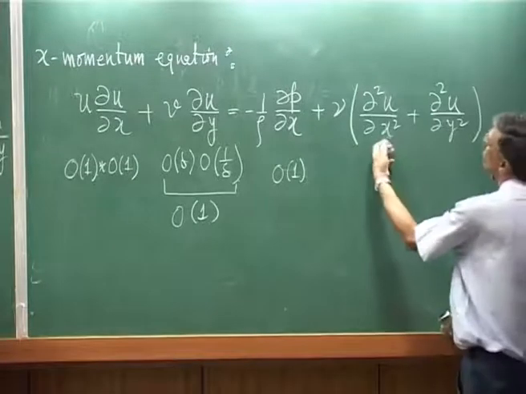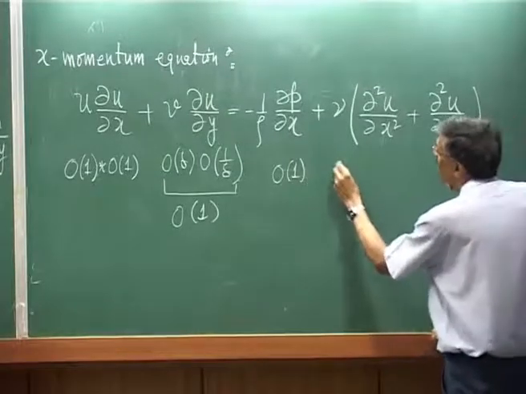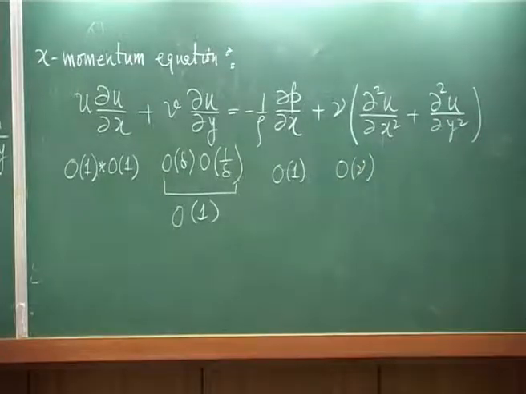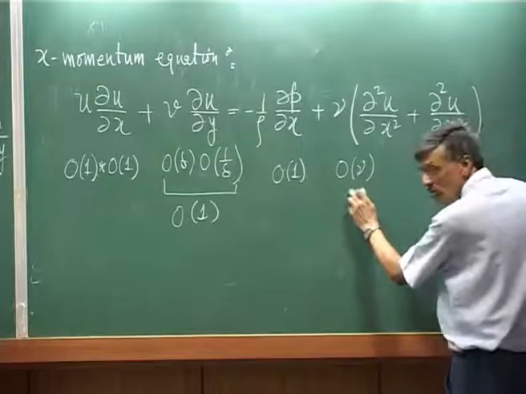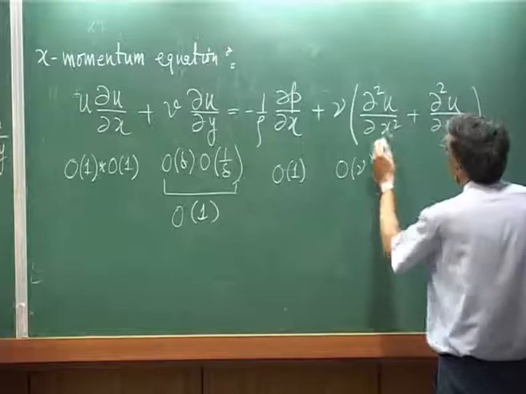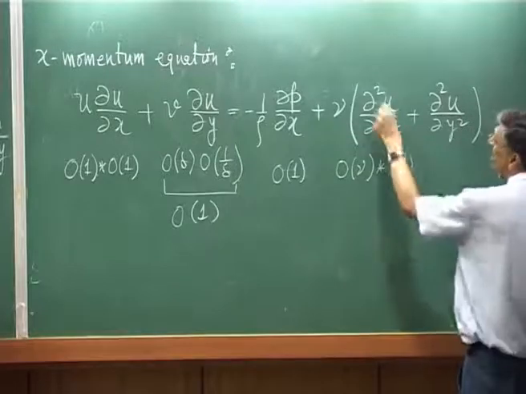Now, when I look at this, what do I get here? I get this quantity. What is this? This is the kinematic viscosity, okay. And when we are looking at this property of fluid, we know that this is a very, very small quantity itself. So, this nu is by itself a quantity which is much smaller than an order delta quantity, right. So, what we have here is this is an order 1 quantity, right.